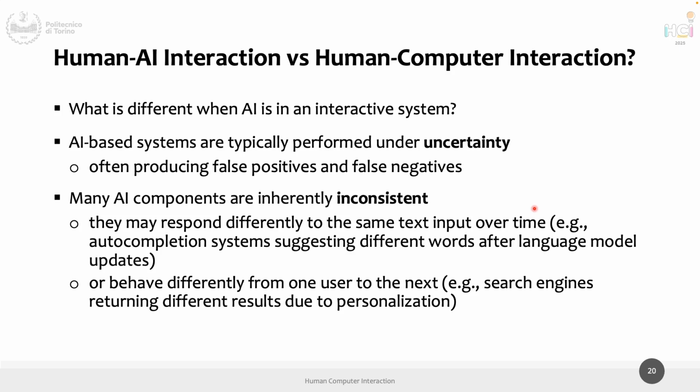You can minimize. You can try to do cleaning the data, whatever, but you cannot remove uncertainty entirely, especially when you interact with it. And many AI components are inconsistent. So in a non-AI system, you don't have uncertainty.